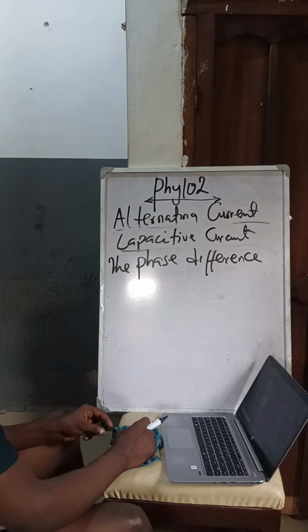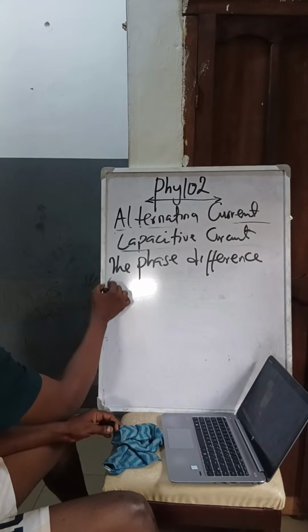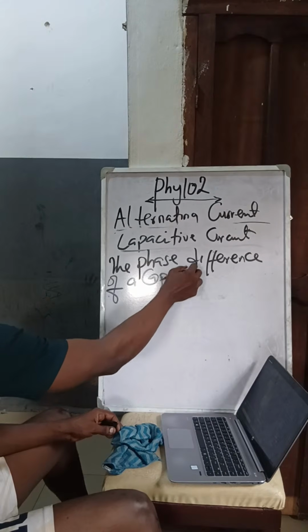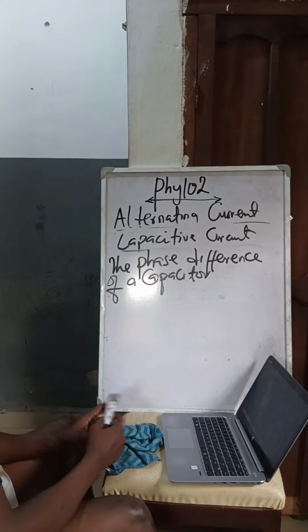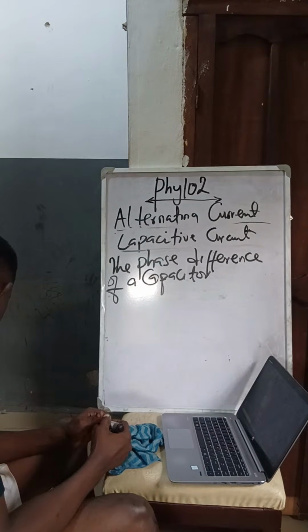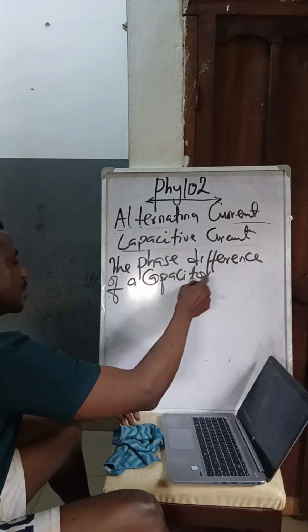So the phase difference of a capacitor in an alternating current circuit offers a resistance or reactance.